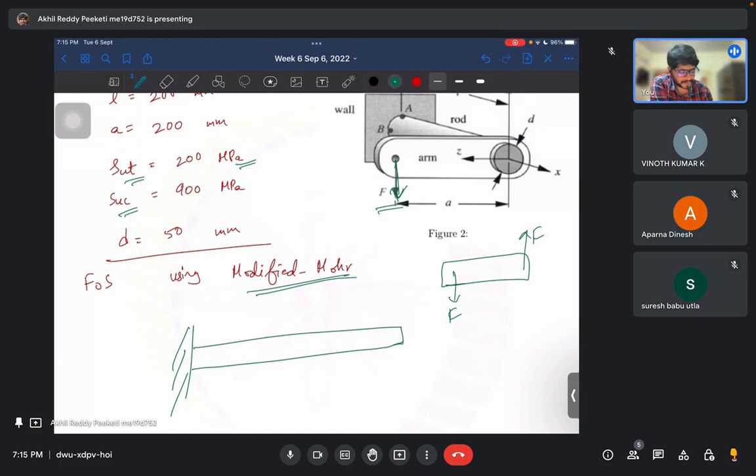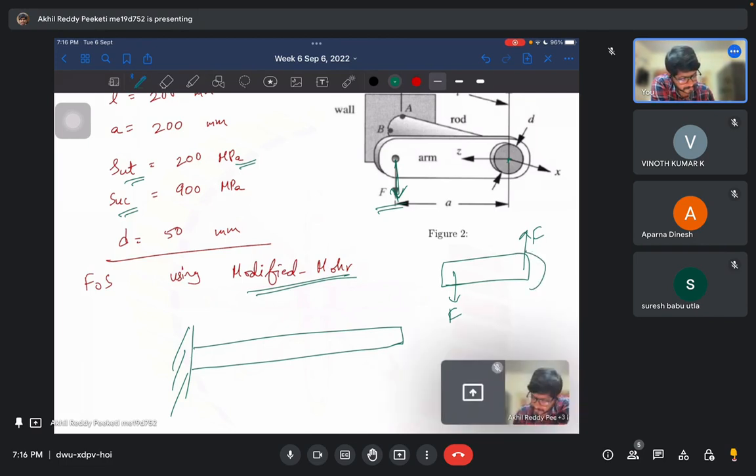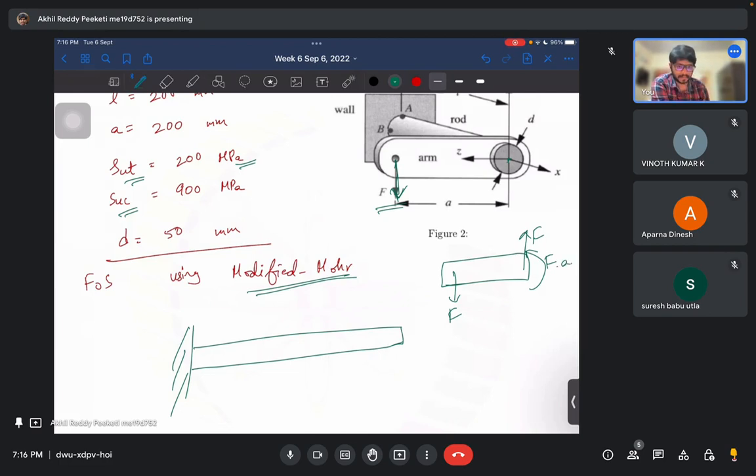And from this point, there is a torque F into A, which is also balanced by the bar itself. So this is for the arm.